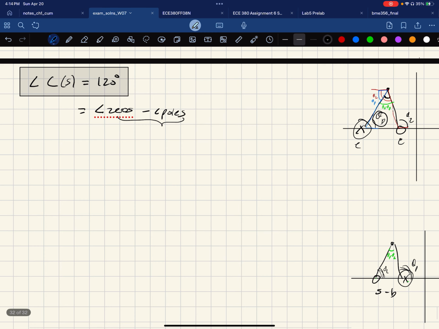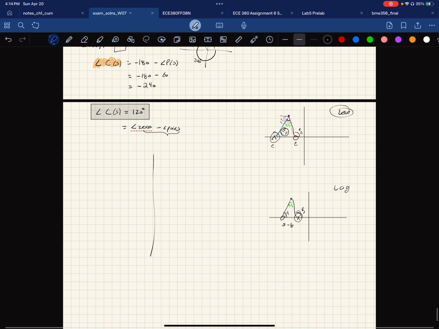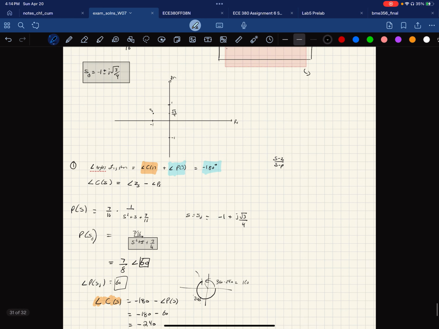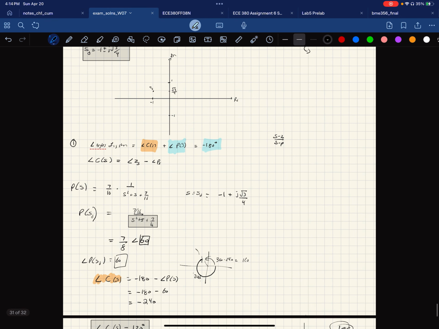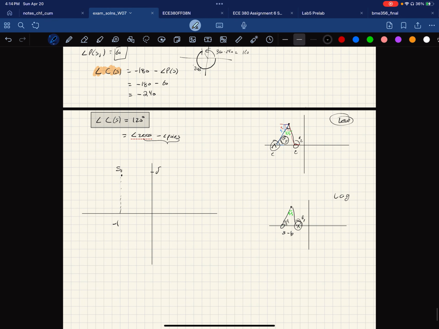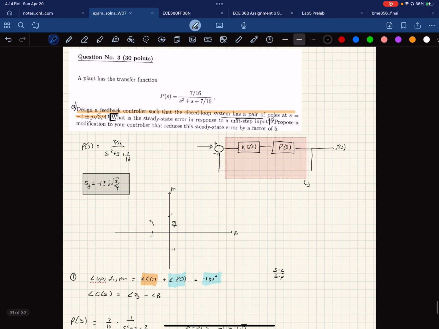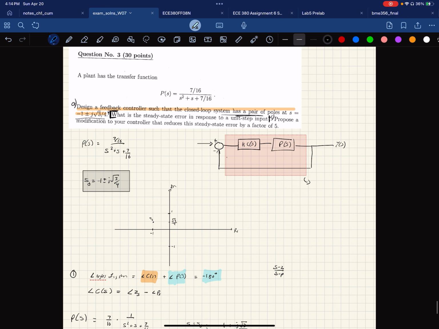Cool. So now I know that my lead compensator has to be of the form with 120 degrees. Let's call this s_d, where I know that s_d has a real part of -1, and I know that s_d's height is √3/4 j, because s_d is equal to -1 plus j√3/4.